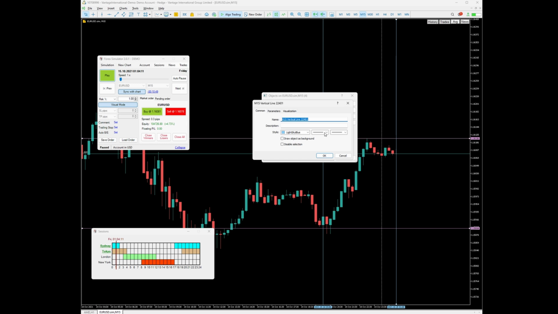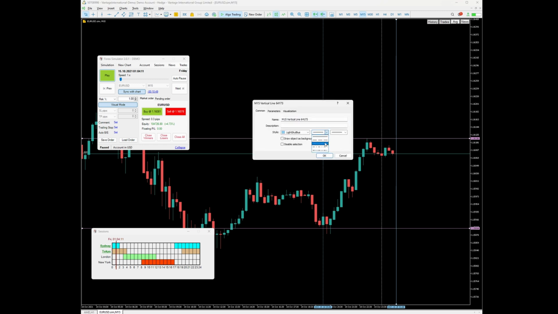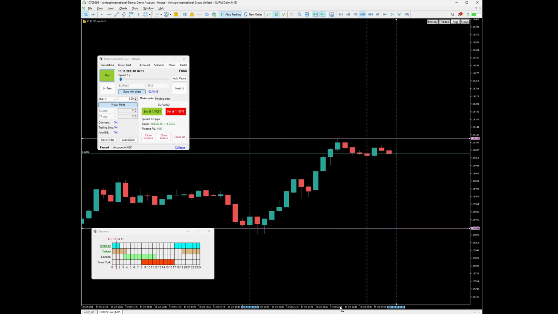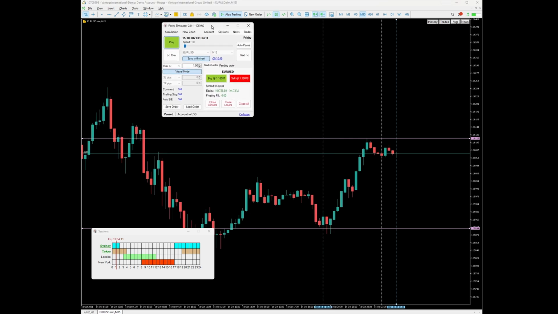Object list, vertical line here, properties. That's perfect. So we can actually see the wicks. Otherwise, we don't see the wicks, man. Even like this, we don't see the wicks.